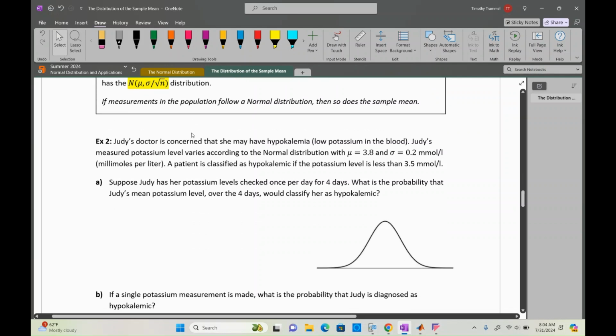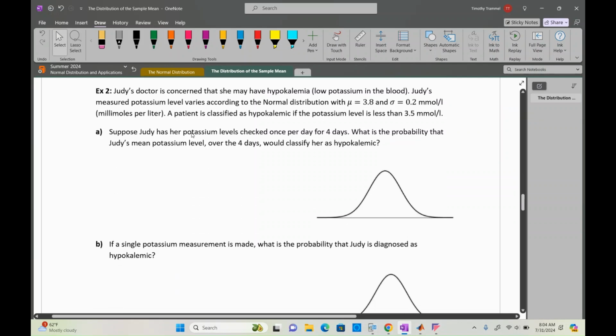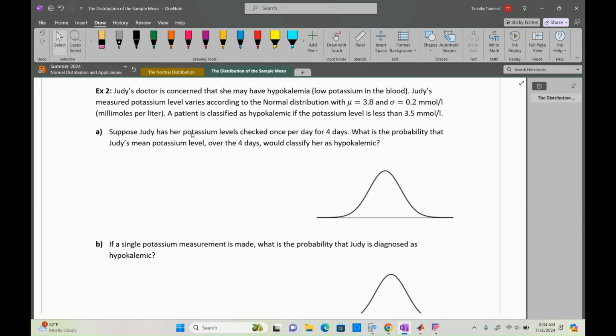All right. So let's go ahead and give one of these a try. Example 2 here says Judy's doctor is concerned that she may have hypokalemia, low potassium in the blood. Judy's measured potassium level varies according to the normal distribution with mean 3.8 and sigma 0.2. So we already know Judy's mean and standard deviation for her potassium levels, but we're going to observe something here.